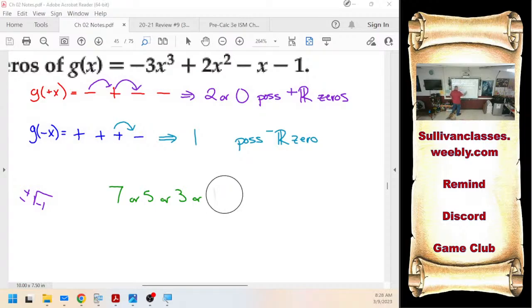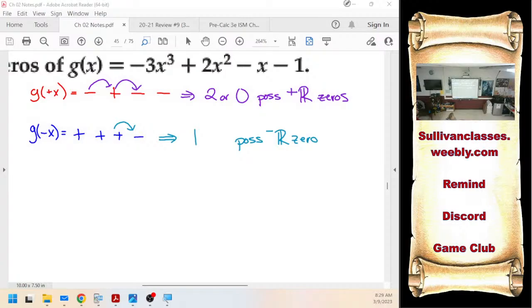And how could this help me? Assume that you don't have a graphing calculator in front of you. How could this help you find your zeros? You did your rational root theorem. You've got 16 different numbers to try by synthetic division. How can this help you? See how the positive is 2 or 0?